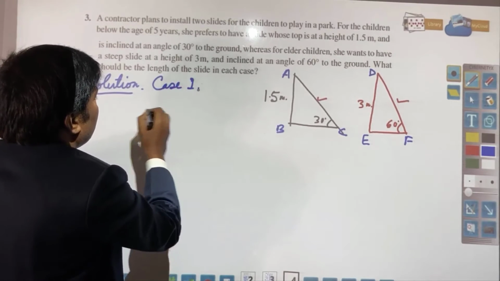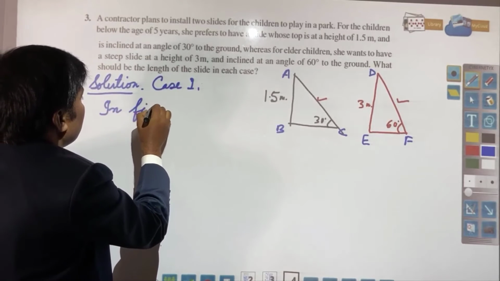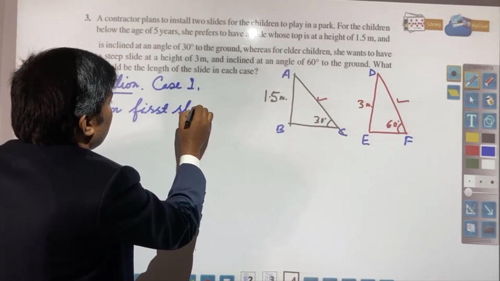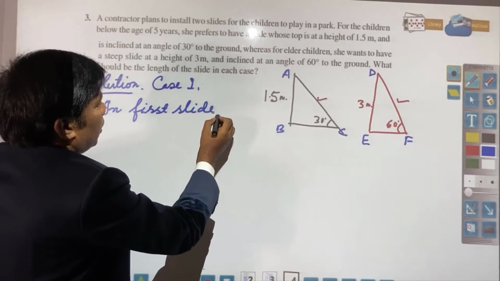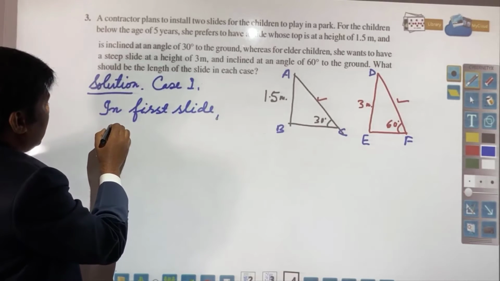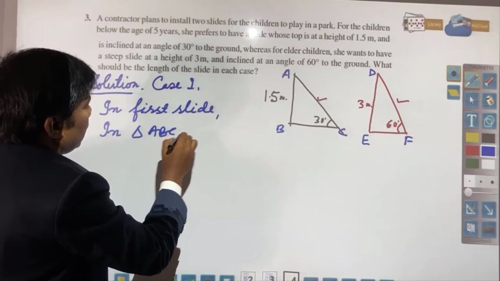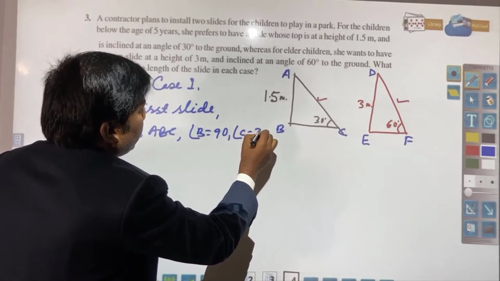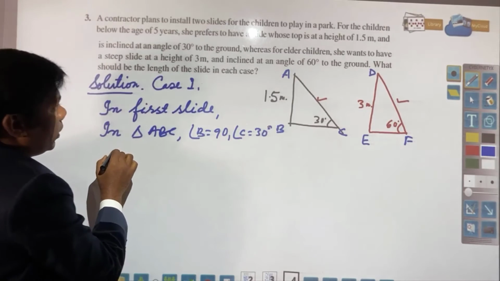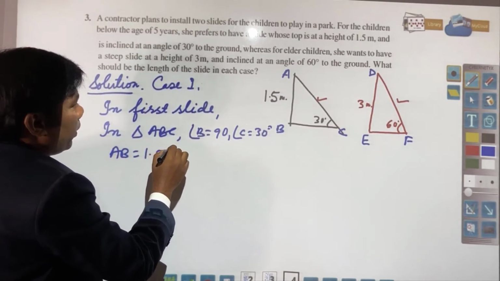Case 1. In first slide, in triangle ABC, angle B is equal to 90 degree, angle C is equal to 30 degree, height of the slide AB is equal to 1.5 meter.